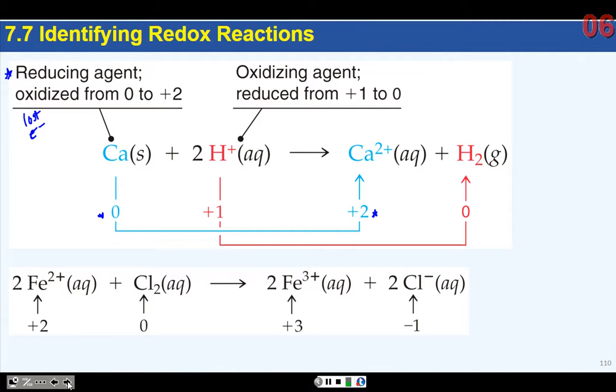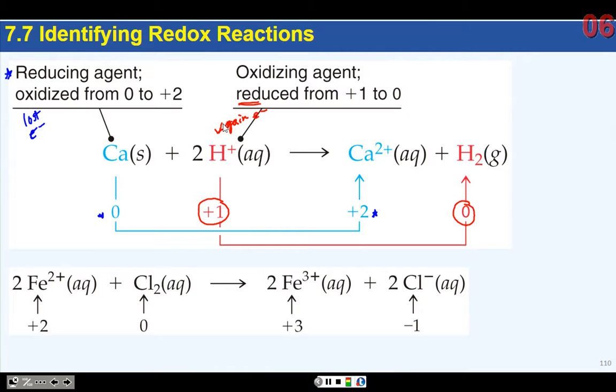The converse must also be true. Hydrogen ions are having their oxidation numbers reduced from +1 to 0. And so that would be an example of reduction. The hydrogen ions are getting reduced, or gaining electrons, from +1 to 0, and so that's the oxidizing agent.